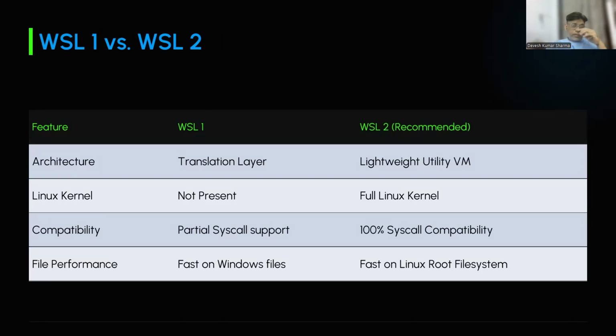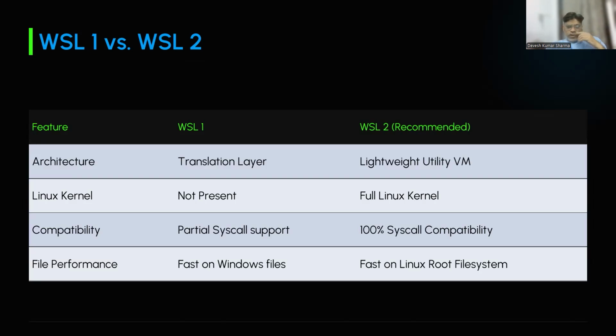Now suppose that you have a Windows system and you want to practice, or execute all the commands of Linux on your Windows system itself. So what we use is WSL1 or WSL2. First, let us understand what WSL1 and WSL2 are.